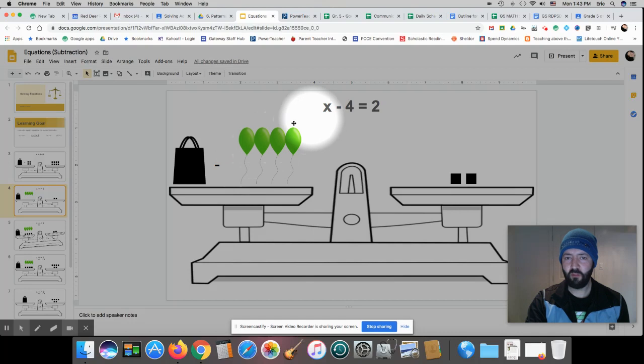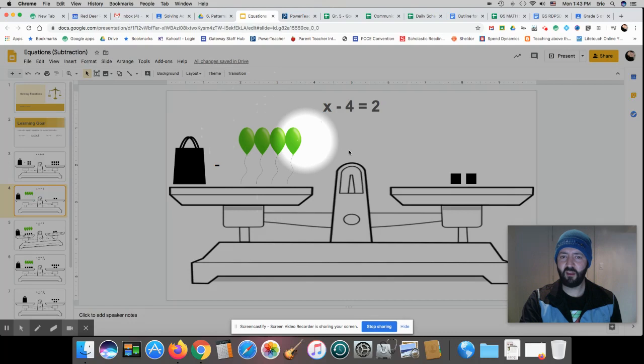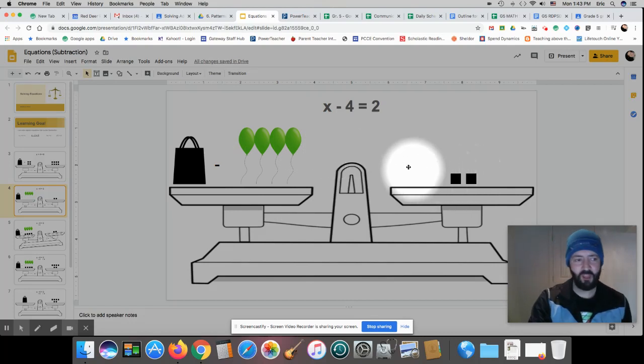So this would look like this. We still have our mystery bag, but now we have 4 balloons lifting up on that side, making it even lighter. But what this is telling us is that all of this on the left side is equal to 2 of these black weights on the right side here.